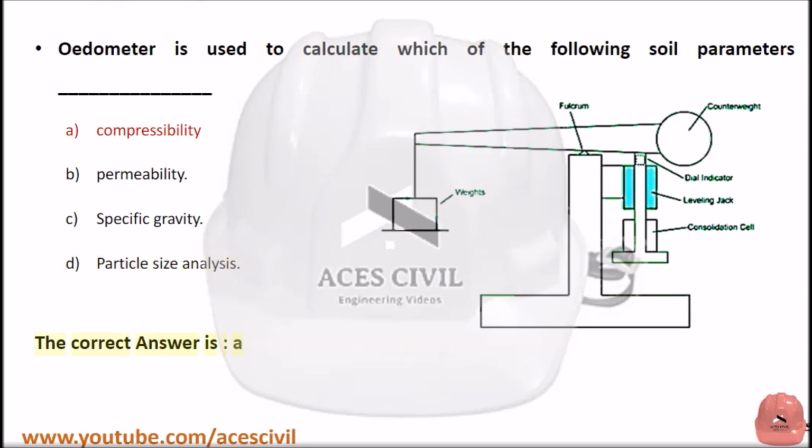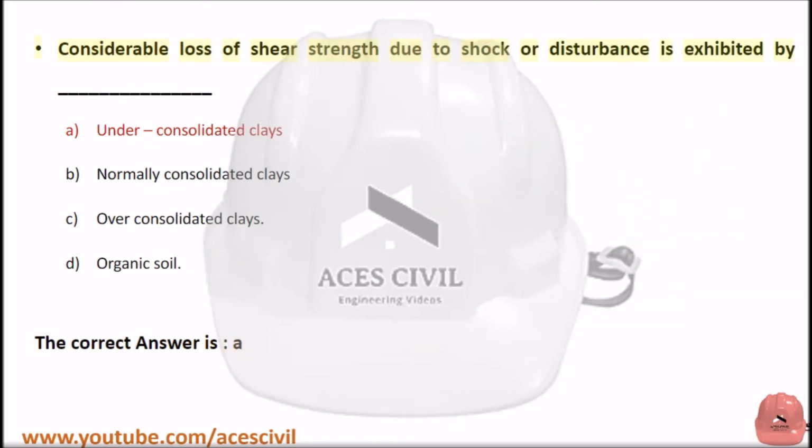The correct answer is A. Considerable loss of shear strength due to shock or disturbance is exhibited by A. Under consolidated clays. B. Normally consolidated clays. C. Over consolidated clays. D. Organic soil. The correct answer is A.